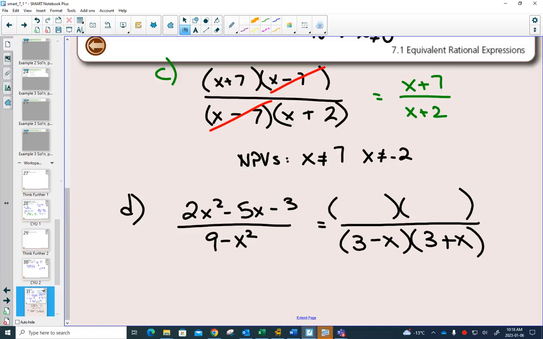The top will be 2x and x. And to get the 3, you're going to have to do 3 and 1. Now it's either a 3 and 1 or 1 and 3. And it's different because of that 2x.